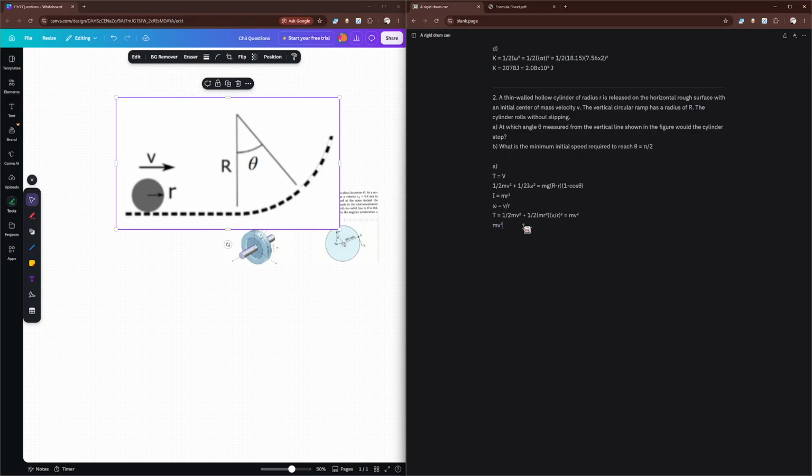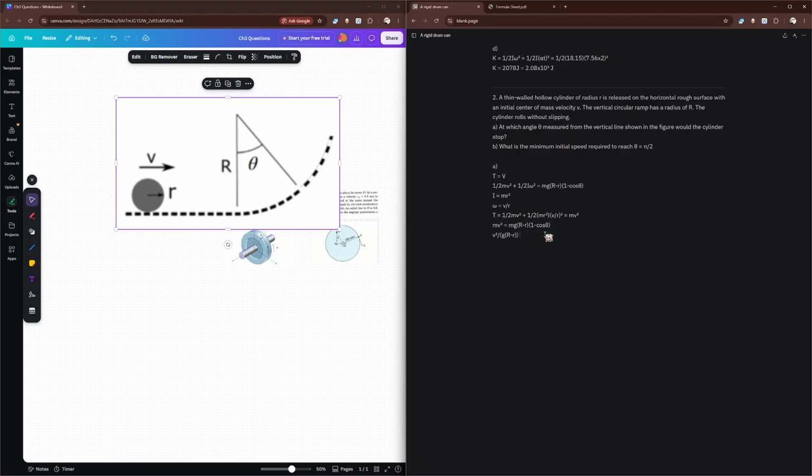So we get mv squared is equal to this term on the right, which is our potential energy, because we're looking for the center. So now we are solving for theta, which means we're going to divide by v squared. V squared we're going to divide by g times (R minus r), like so.